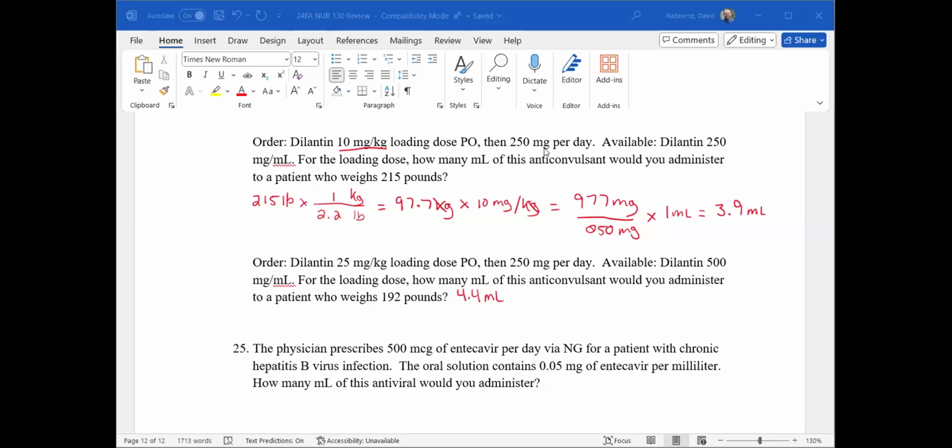What I did, I converted the 192 pounds to kg, which is 87. Then I know that 87 times... Well, hold on. It wouldn't be 87. You want to round that number to the nearest tenth.